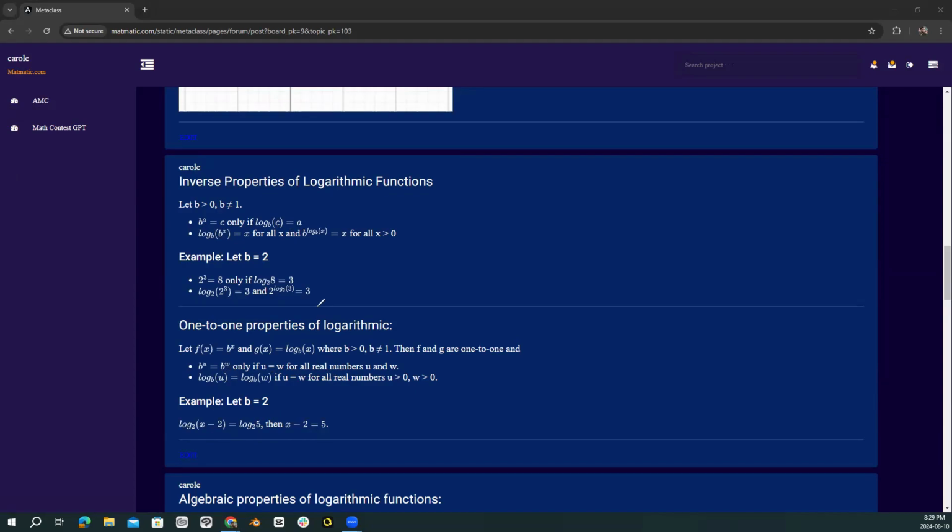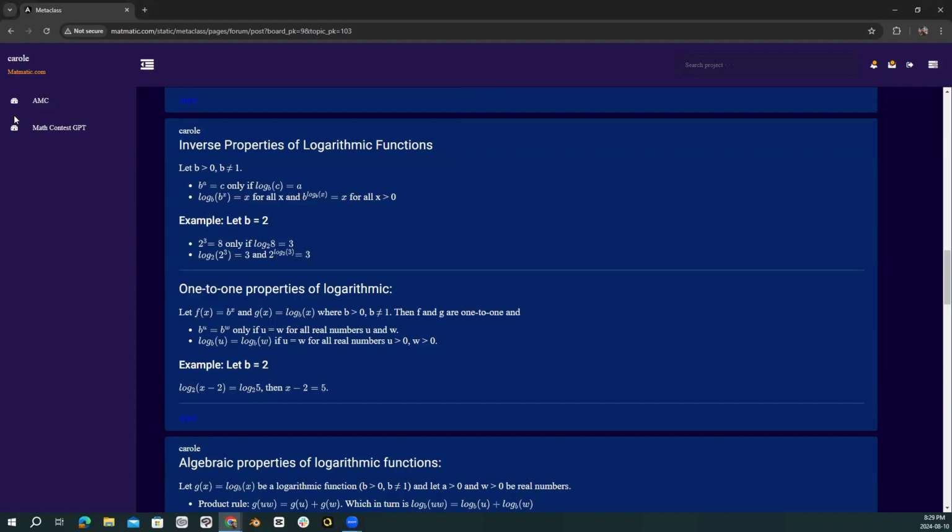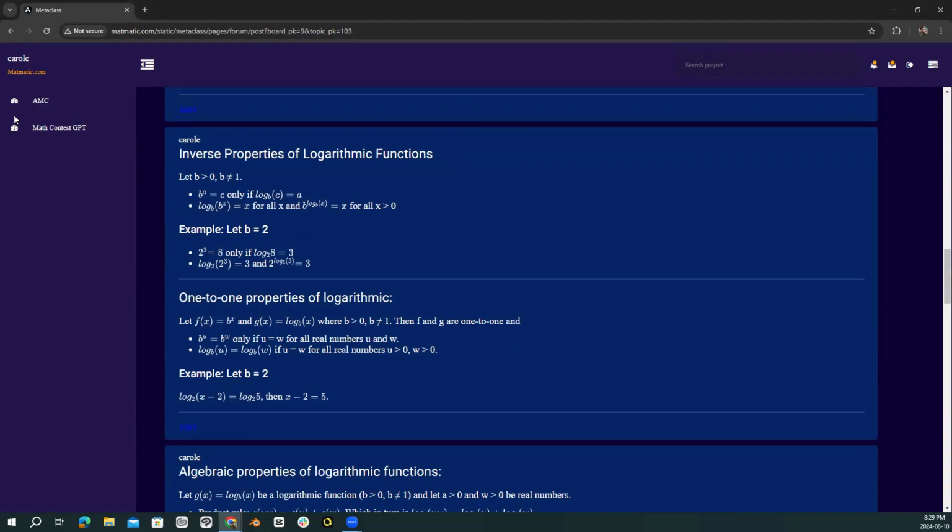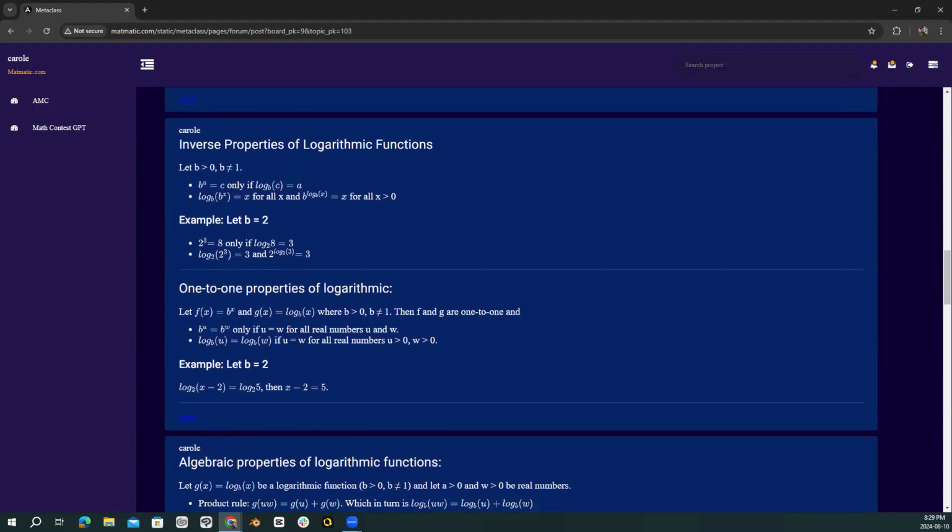You guys can read this at home if you want. I'll send the link to this tutorial in the Discord server if you want to get some further insight on these properties.